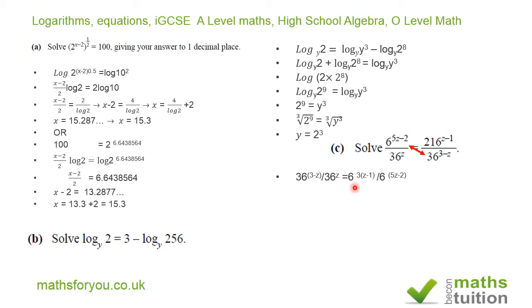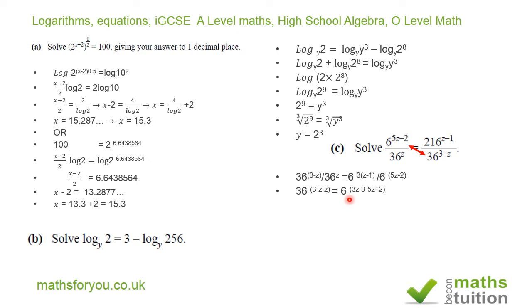Now, 216 is 6 to the power 3. You now have 6 to the power 3 times (z minus 1) divided by 6 to the power 5z minus 2 there. So we now do 36 to the power 3 minus z minus z.